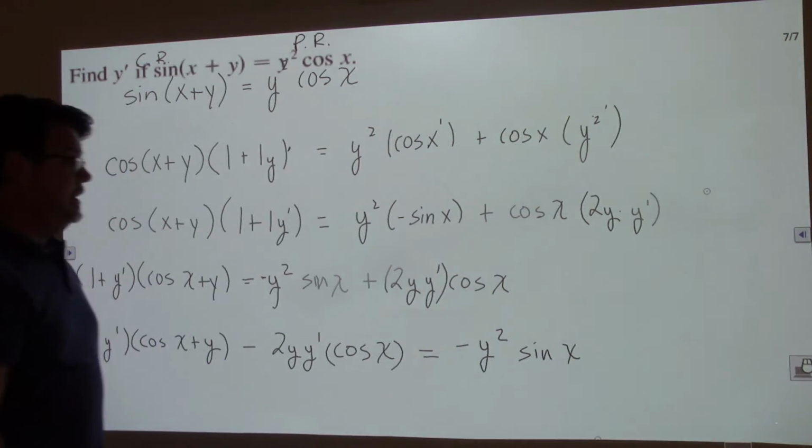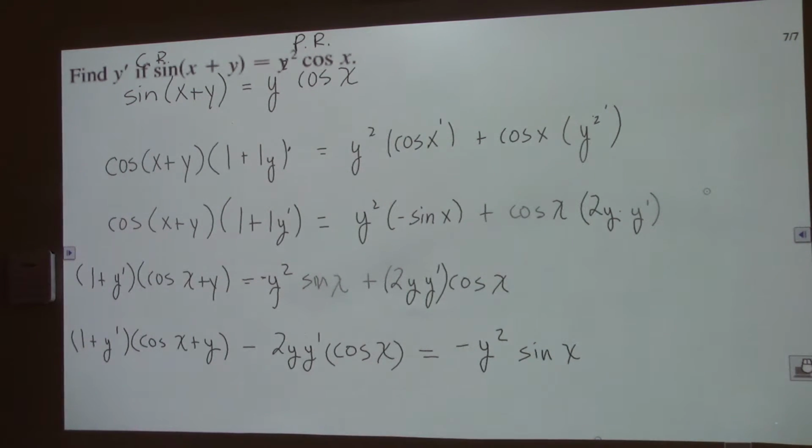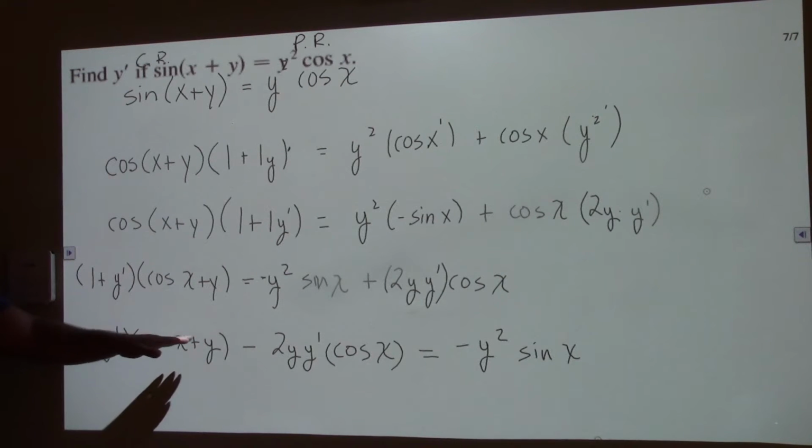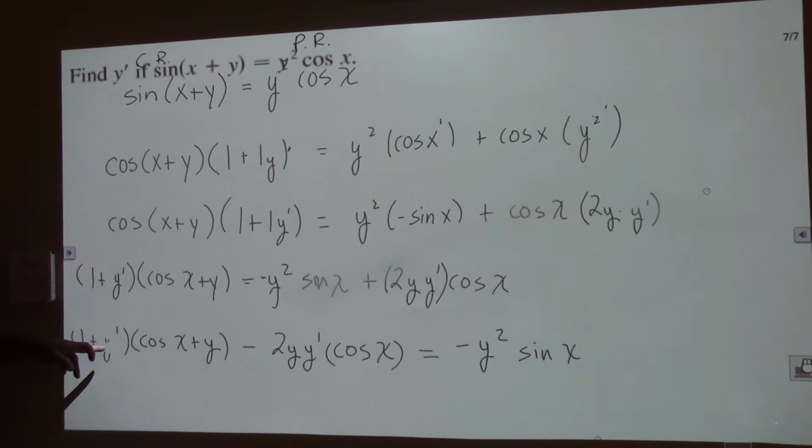That's the first thing I'd do. Now, you can distribute, this is one term, right? You can distribute this one term here and here. Get rid of the parentheses.